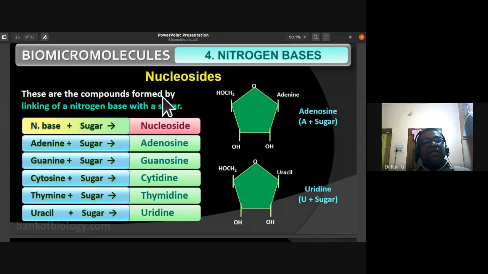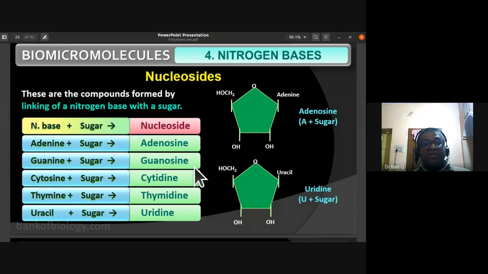So these are the compounds formed by the linking of a nitrogen base with a sugar. Like you have nitrogenous base plus sugar is nucleoside, adenine plus sugar is adenosine. If it is ribose, we call it as ribose adenosine.